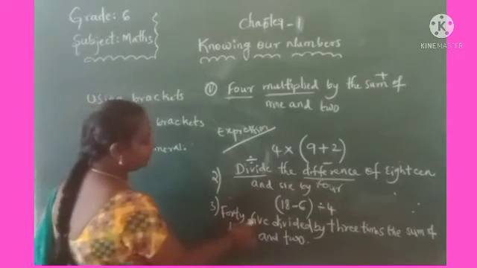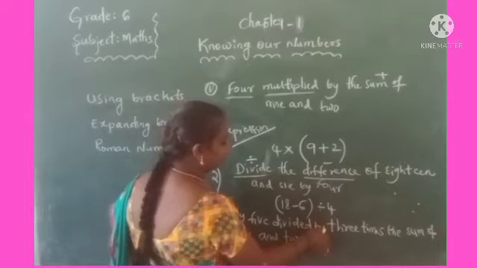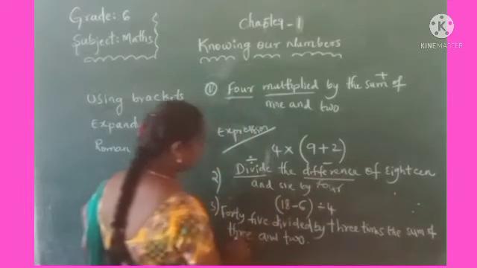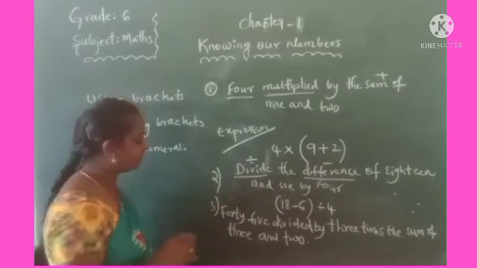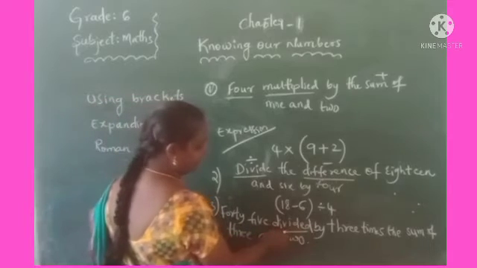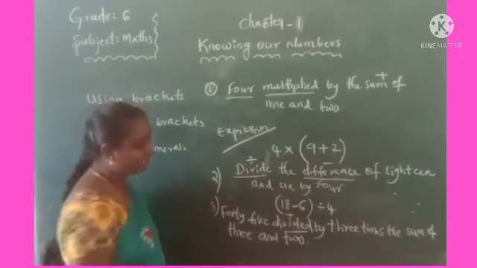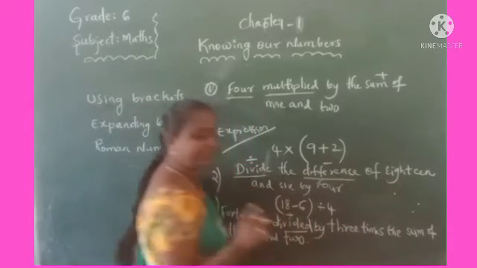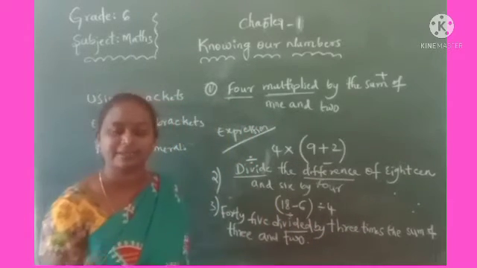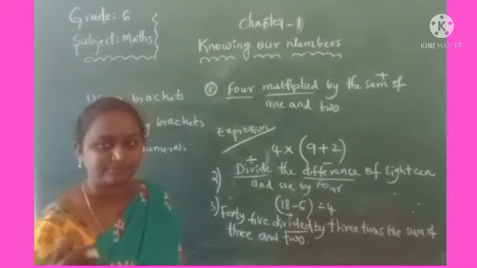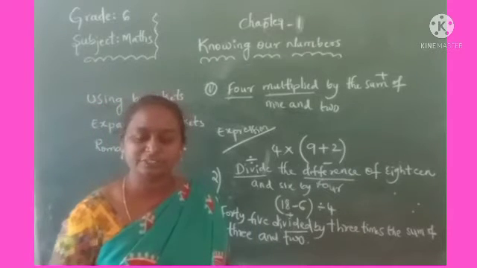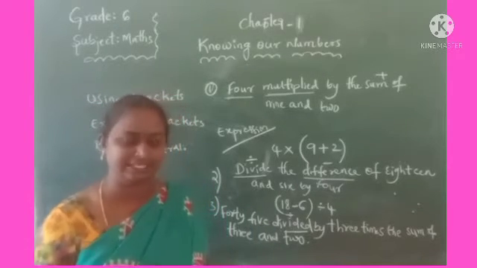Here three operations are given. Divided means you have to use the division symbol. And 3 times, not 1 time, not 2 times, 3 times. 1 time means 1, 2 times means into 2, 3 times means into 3, like that.